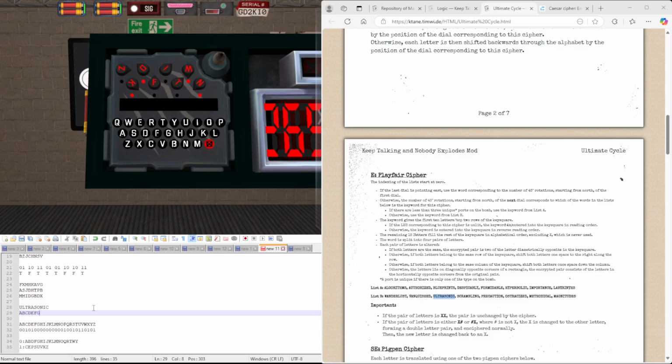So it's giving X. I'm not expecting this to be right.